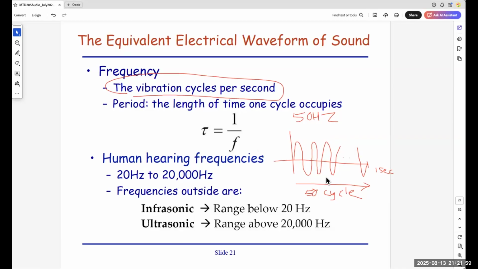Similarly, in Wi-Fi, if you see this term called Wi-Fi 2.4 gig, it means that there is 2.4 times 10 to the power 9 cycles in 1 second.